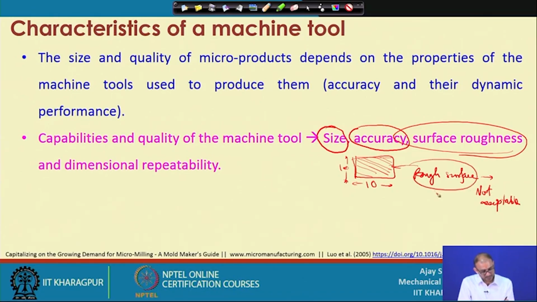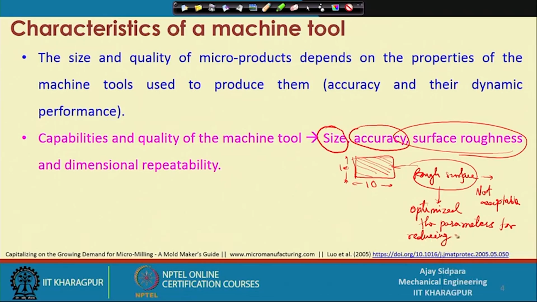So, to get this down, you have to optimize the parameters for reducing surface roughness. Correct. So, there are many issues. Dimensional repeatability is also there. Suppose in one component you are getting this dimension, and you want to continue with 10 same type of components.